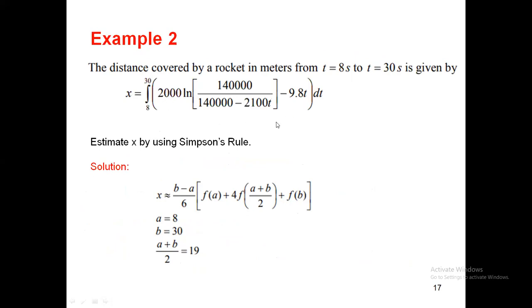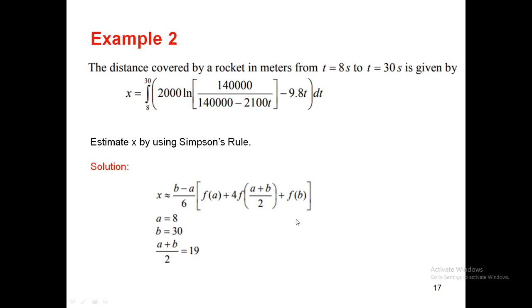This is a definite non-elementary integral, and without your calculators, you won't be able to evaluate it if not for these two methods. If you're going to use Simpson's rule here, then your formula would be something like this, okay?